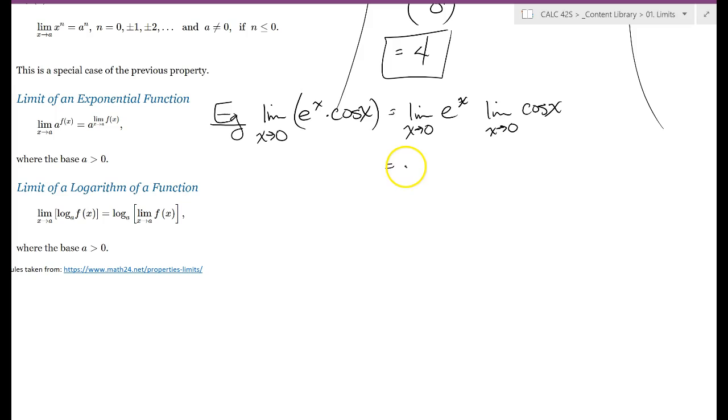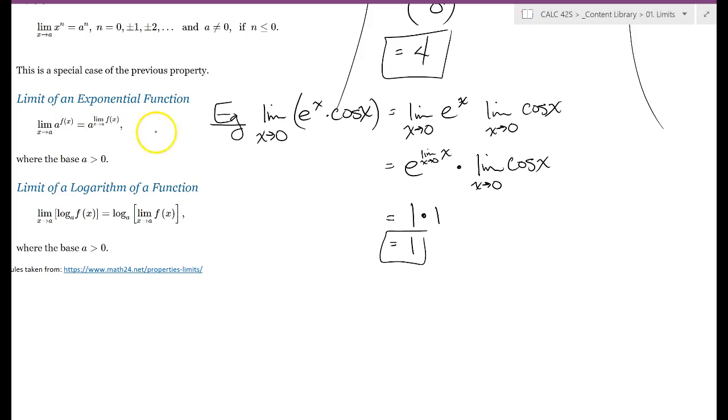From here we can break this apart further, and now we can say it's actually e to the power of the limit as x approaches 0 of x, times the limit of cosine x as x approaches 0. From here, we can just plug and chug. So we've got e to the power of 0, which is 1, and when we fill in 0 for cos, that's also 1. So 1 times 1 just equals 1. And love it, that's our answer.